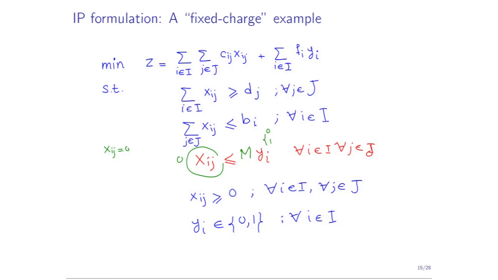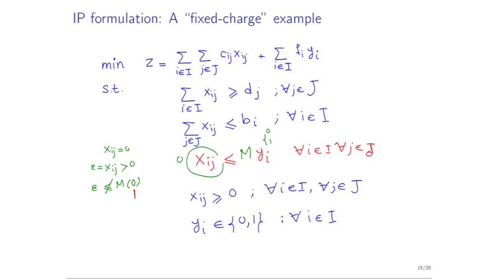But if xij is anything greater than 0, for example, suppose that it is epsilon, a very tiny value, then epsilon will not be less than M times 0. So in this case, y must be 1.